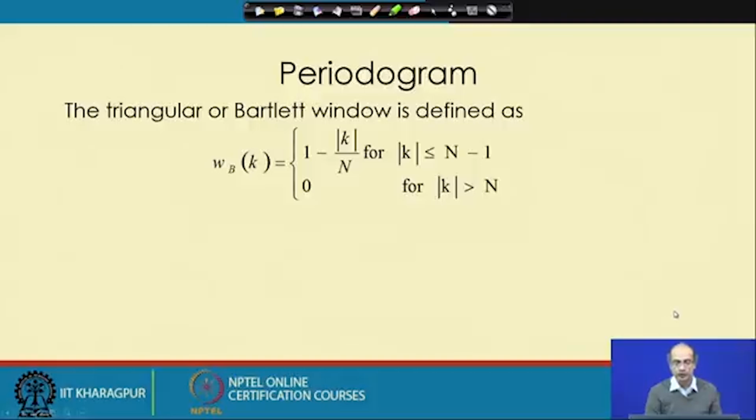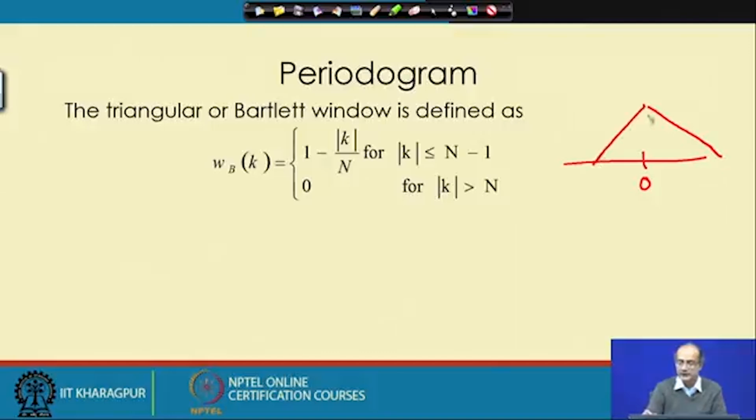we can look at more carefully. It is a window which has the highest value at 0, and it decreases linearly on both sides, it is symmetric, and beyond the value n it becomes 0 on both sides.